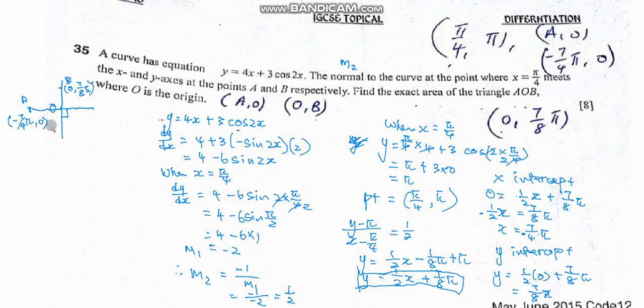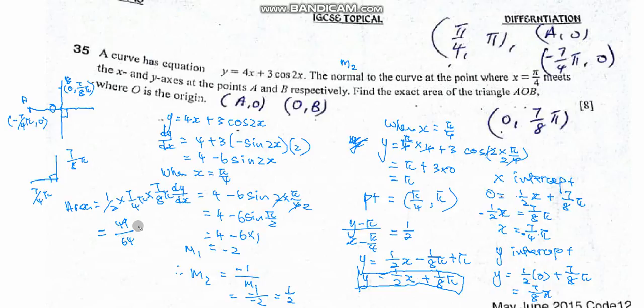Now, in order to find the area, you just take this height, which is 7 over 8 pi, times the base, 7 over 4 pi. So area equals half times 7 over 4 pi times 7 over 8 pi, which is 49 over 64.